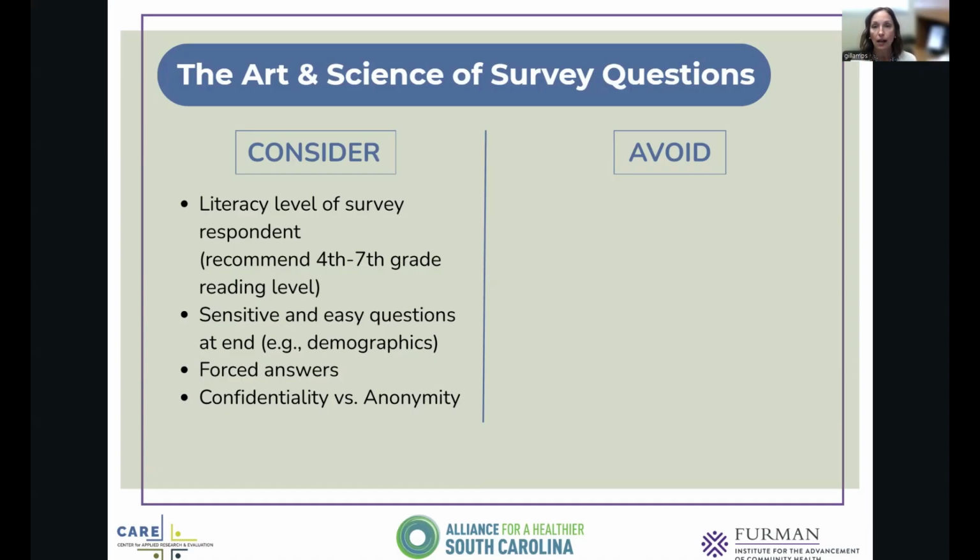So confidentiality means you may be getting some data from them that you would be able to identify who that person is, but you may not include that information in a summary report. Anonymity means you're not collecting any kind of demographic data that could help you identify that person, that individual. And so that is what we strongly encourage you to think about, and most of you, I think, do this already, is you're collecting a little bit of demographic data to give you a sense of, are you collecting data?